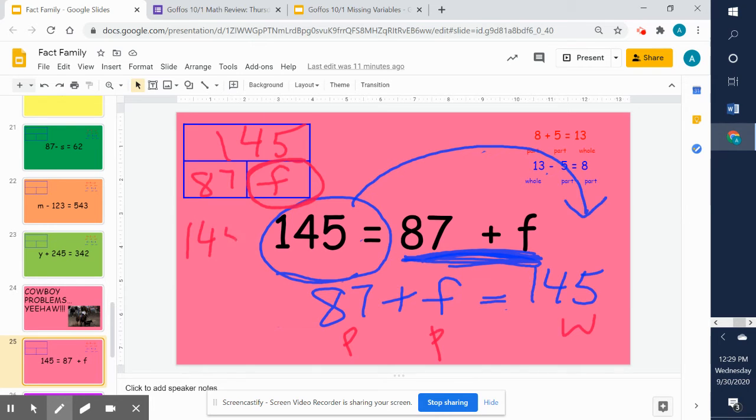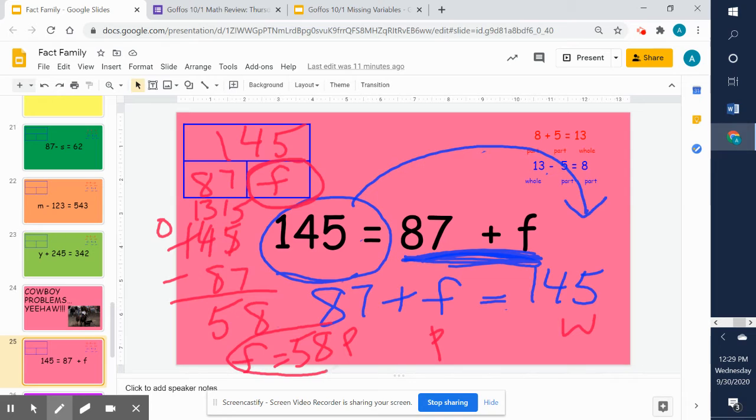So 145 minus 87. 4 becomes a 3, that 5 becomes a 15. 15 minus 7 is 8. 3 minus 8 I cannot do, I have to borrow from that 1. 13 minus 8 is 5. So I know that f equals 58.